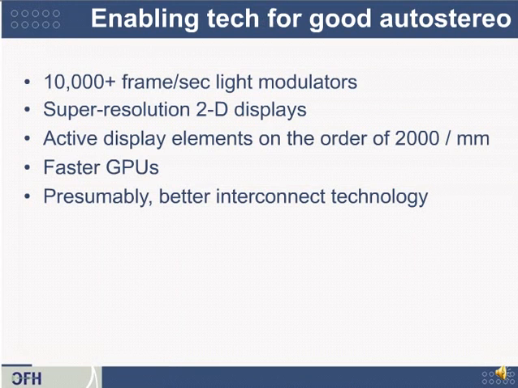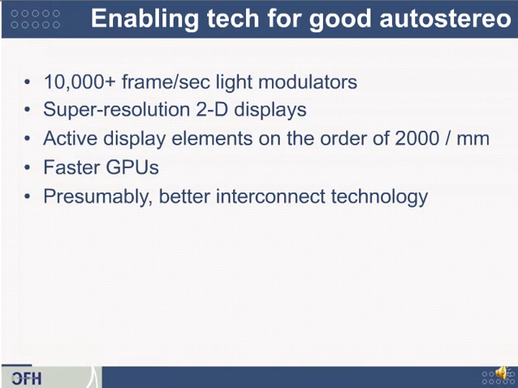And that wraps up our discussion of a large variety of 3D displays. I think a good thing to look at now are some steps for the future. In my opinion, there are a few different enabling technologies for good autostereo display. One is spatial light modulators that could work at least 10,000 frames per second. The second would be super resolution 2D displays.